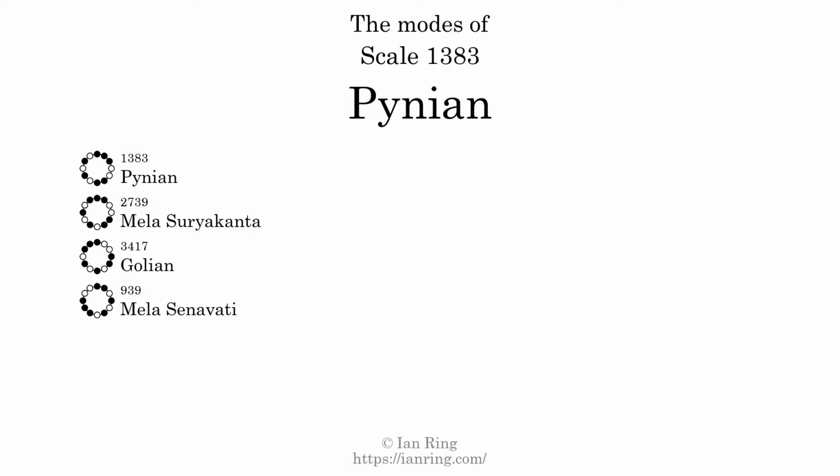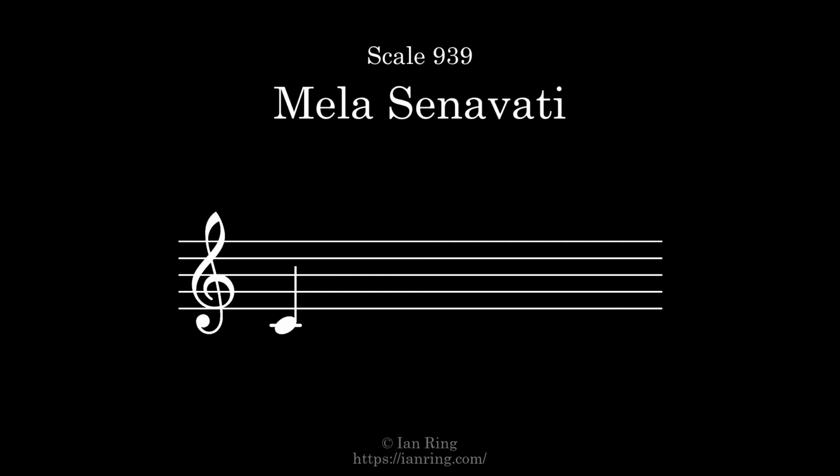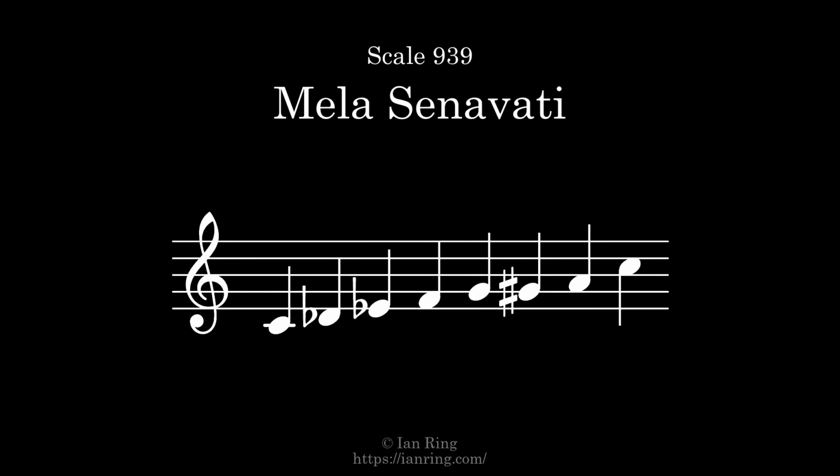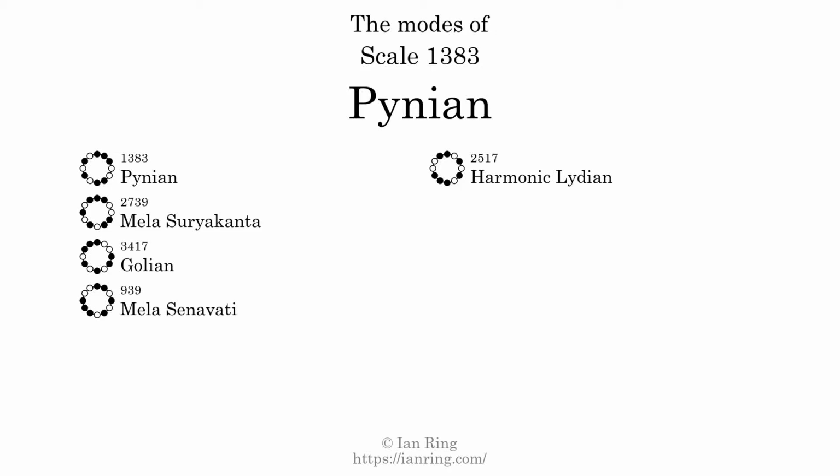The fourth mode is scale 939, also known as Mela Synnabity. It sounds like this. The fifth mode is scale 2517, also known as Harmonic Lydian. It sounds like this.